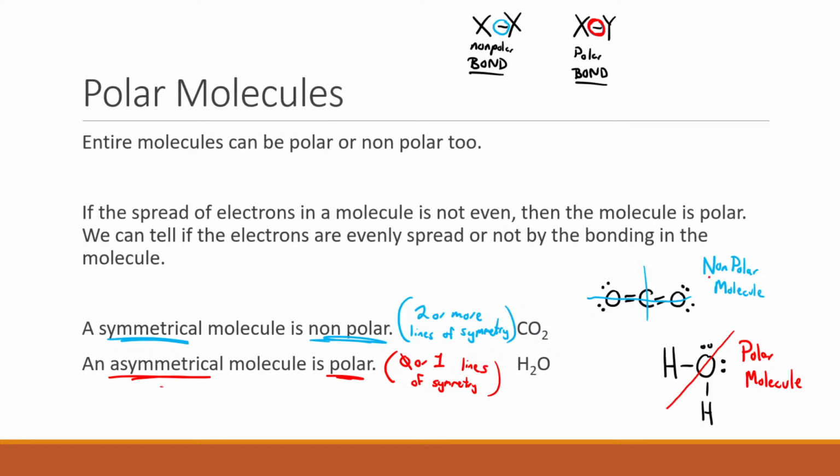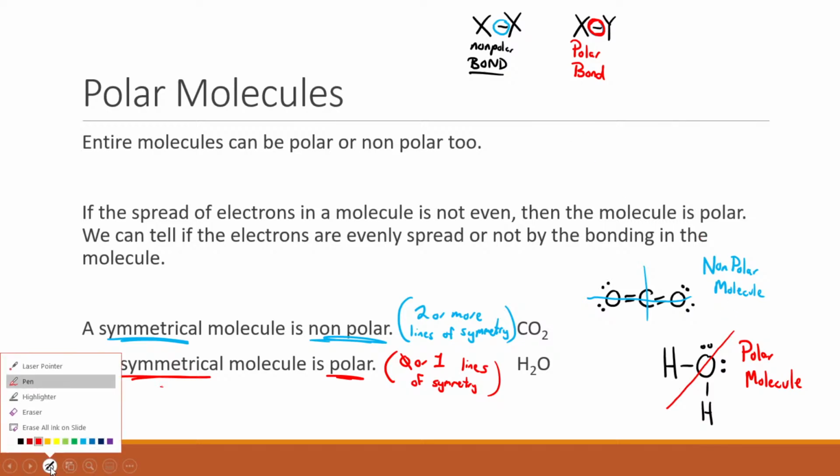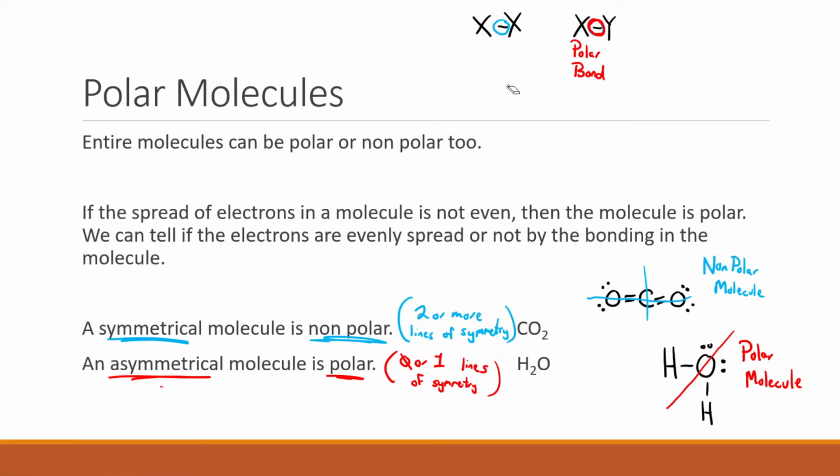The definition of polar versus nonpolar doesn't change. Polar still means unequally shared. Nonpolar still means equally shared. But the way we identify that changes whether we're looking at a bond or a molecule.